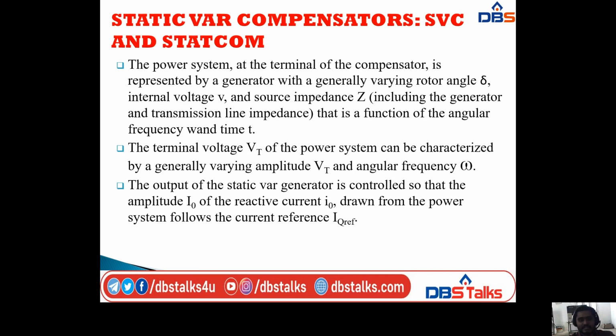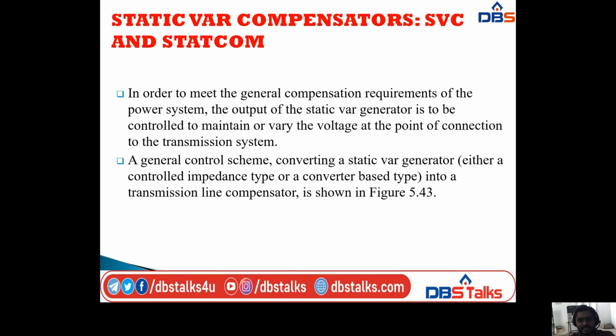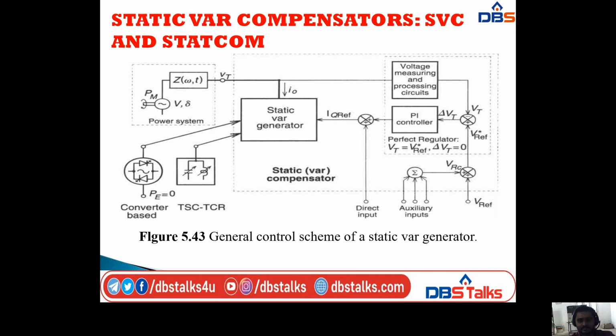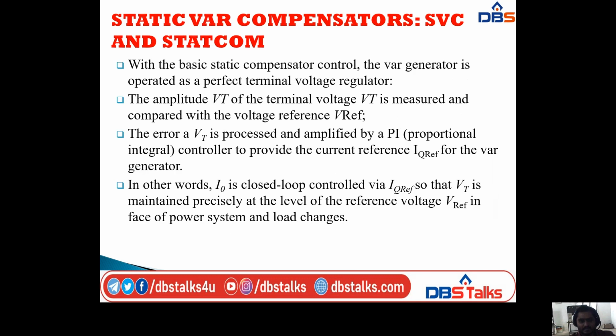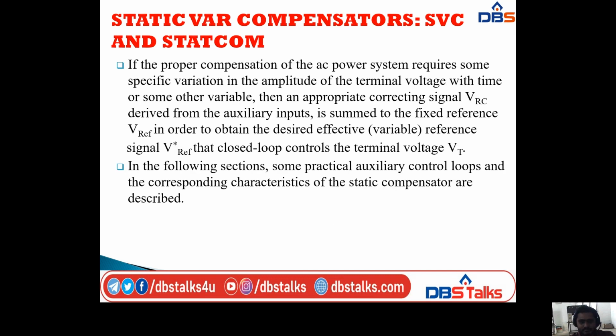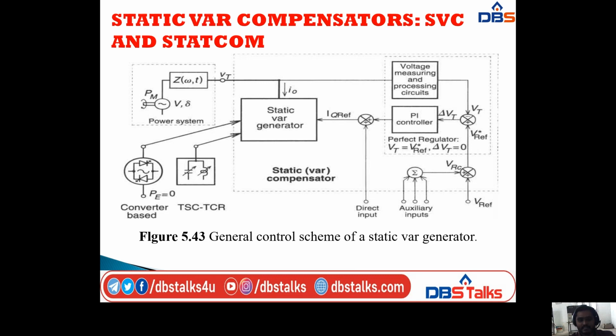This VRC is summed to the fixed reference V reference in order to obtain the desired effective reference signal, V reference conjugate. So here I am combining VRC and V reference.